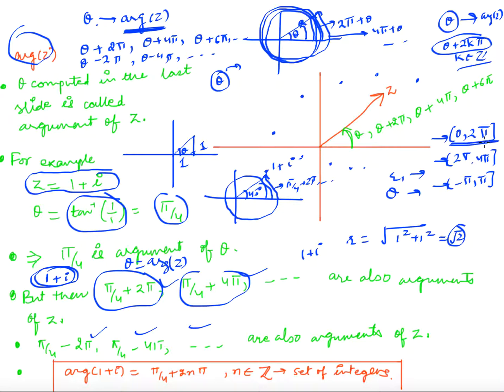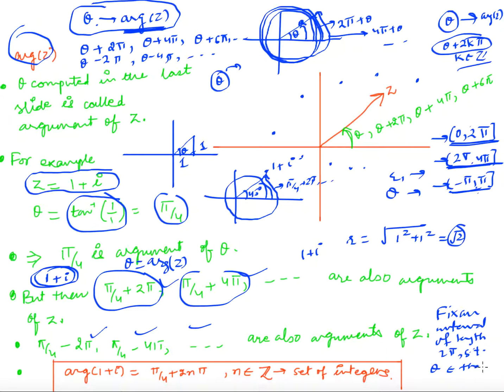So what we have to do, we have to restrict our interval, right, where you want your angle to lie. So basically our job is to fix an interval of length 2 pi such that theta belongs to that interval, right? That is what we have to do, okay, right?